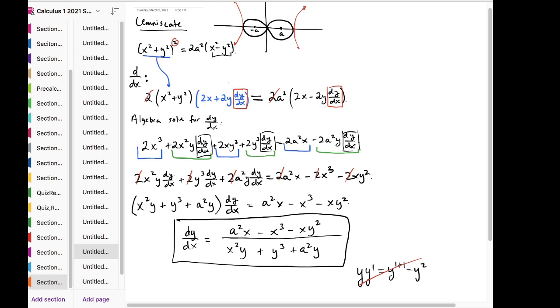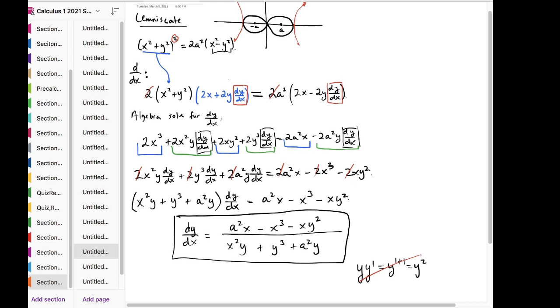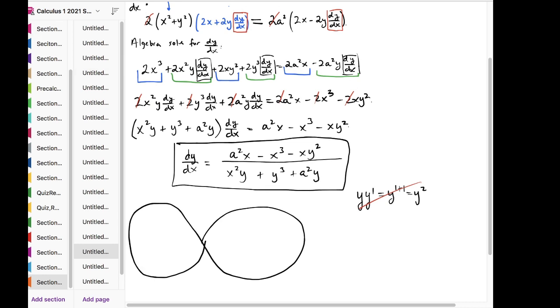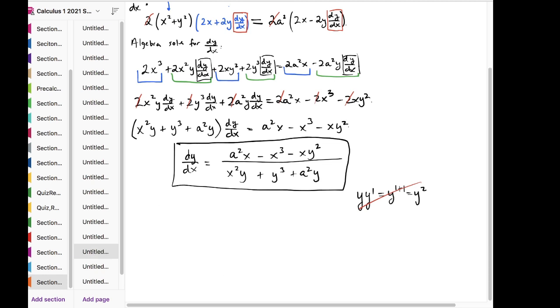Yeah, you get 0 over 0. However, there's no vertical line going on at 0, 0. So what problem do you think is at 0, 0? What's wrong with 0, 0?